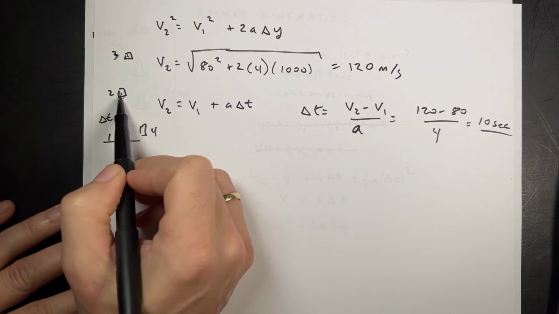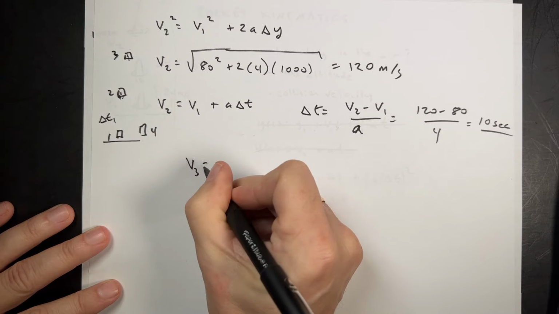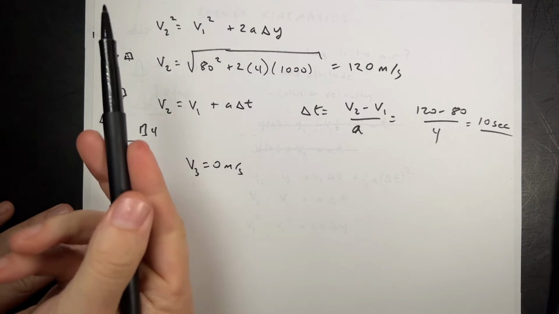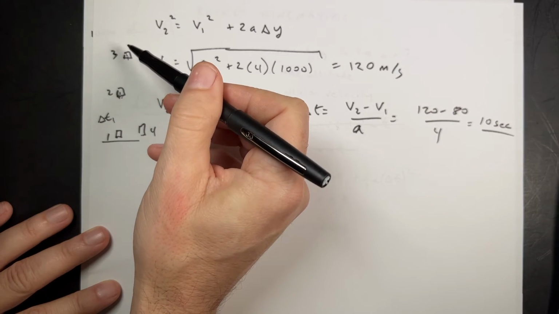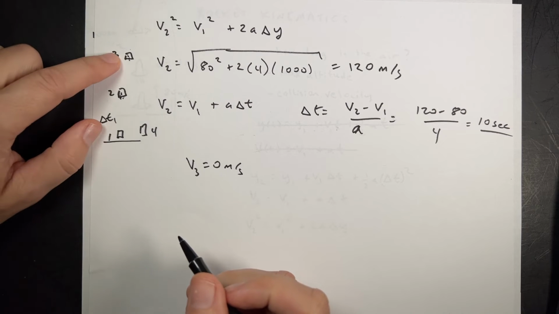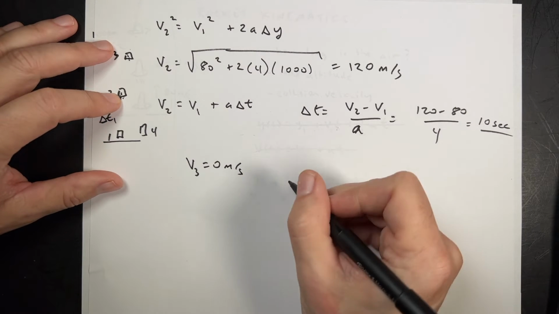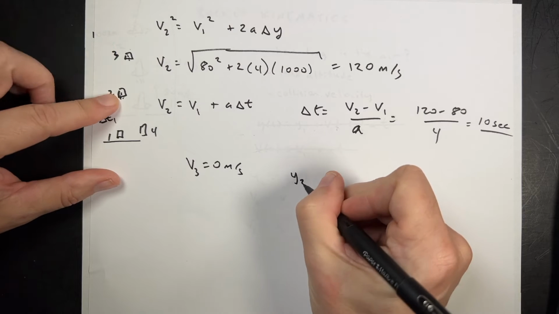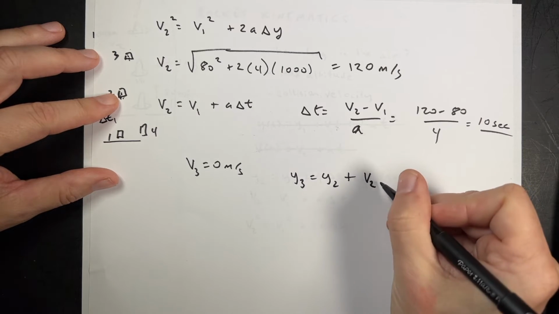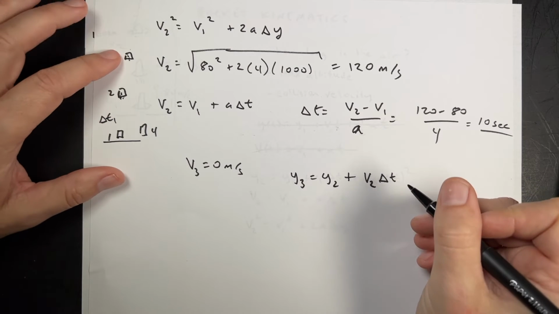I know the velocity at 2, and I know the velocity at 3. v3 is equal to 0 meters per second, because if it's the highest it's going to go, it's moving upwards and slowing down, and then it's going to stop and start moving back down. So that would have to be 0 right there. And I want to find the height. Well, I also know the height right here. So let's just write my height equation. y3 is y2 plus v2, the velocity at 2, times delta t going from here to there, which I actually don't know.